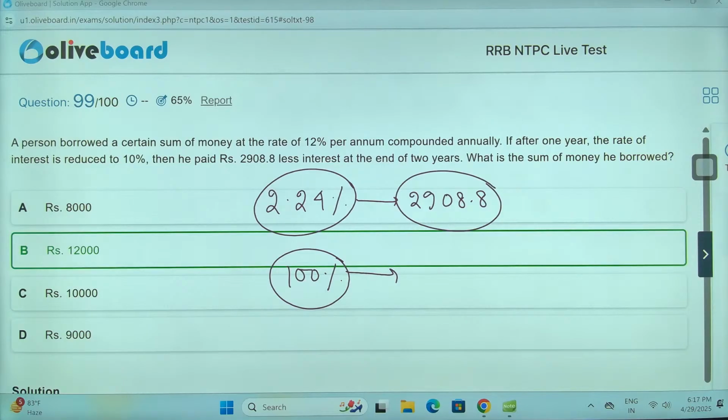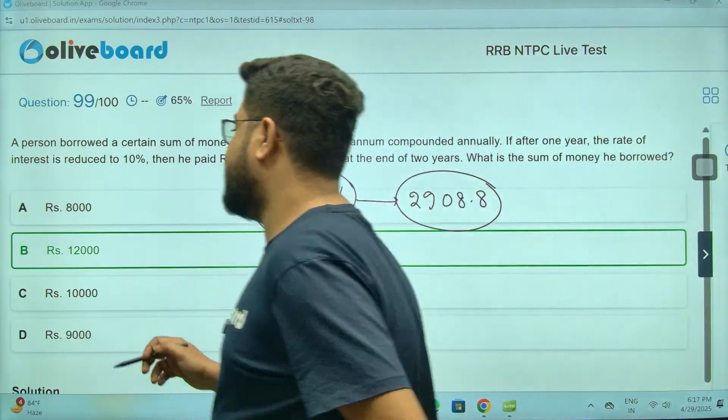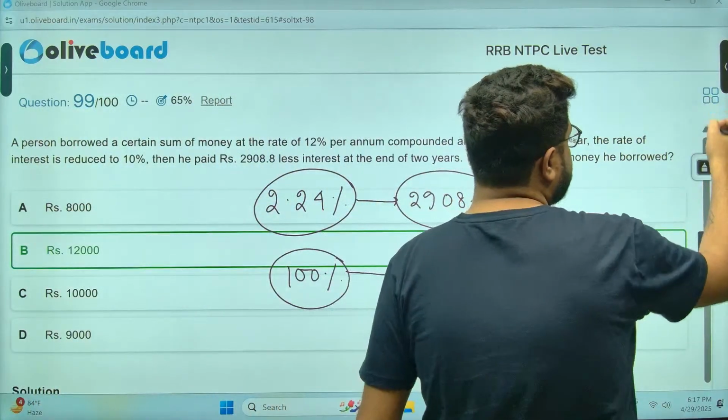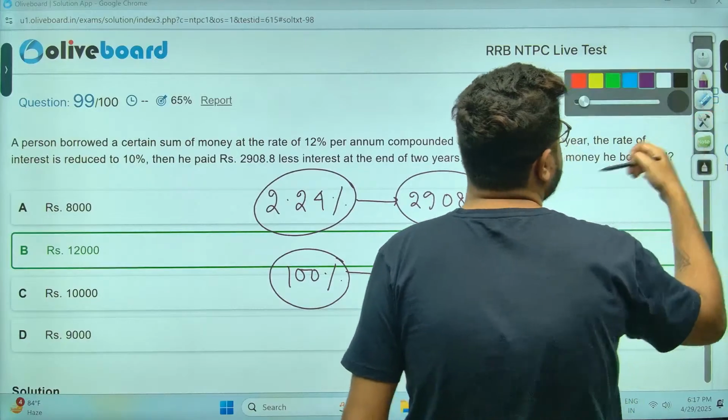No, no. The values are wrong, sir. The value is not right here. Because even if we go in the opposite direction, it is absolutely not right.